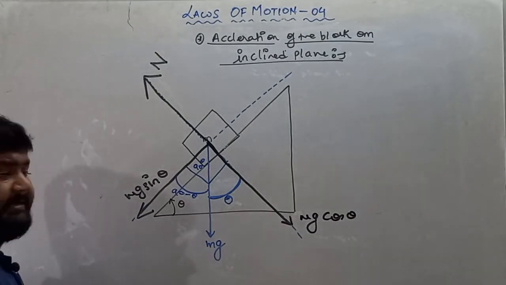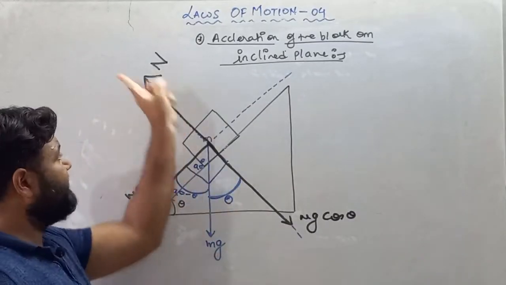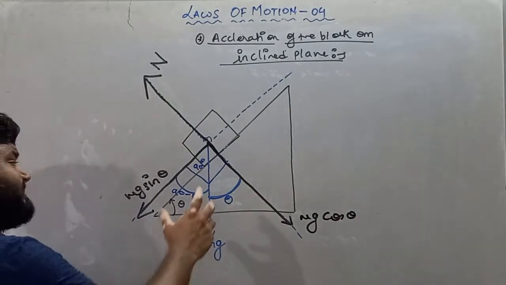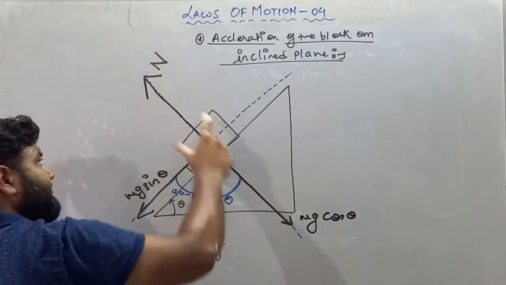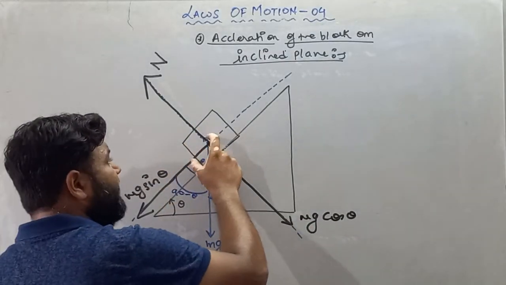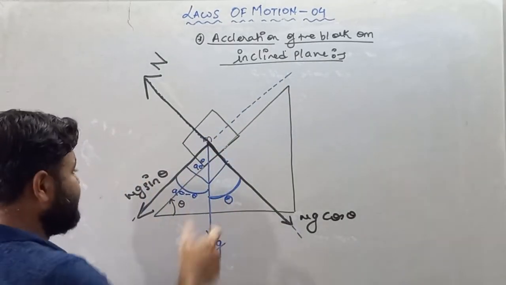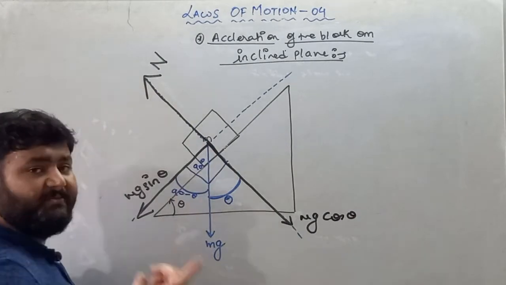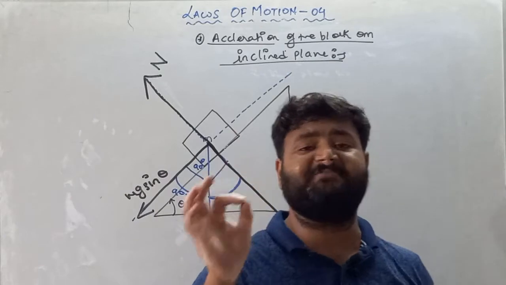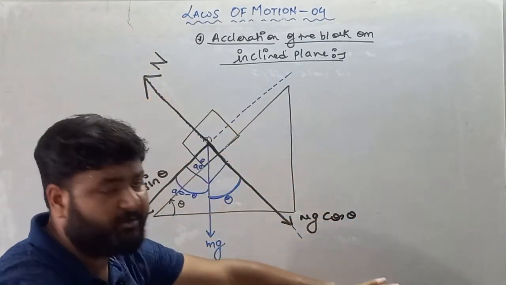Now see, my dear student, here in the vertical direction we have two forces, one is normal and one is mg cos theta. We all know that it is not possible for the block to move in this direction or come in this direction. The block is only capable of moving either in the upward direction or in the downward direction. This means these forces are acting on the block but their effect is zero, because the block cannot move in this direction.